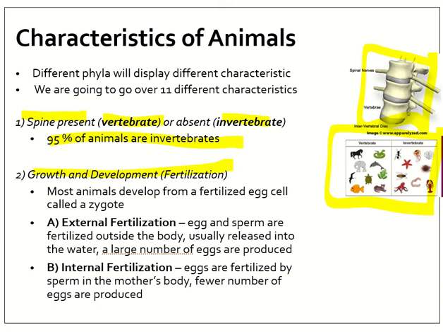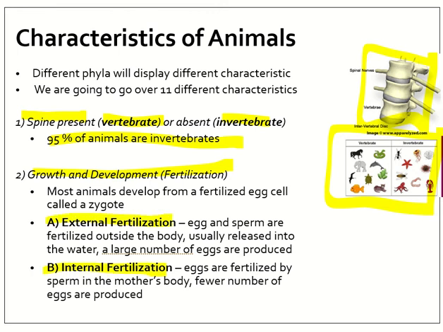Okay, then the second characteristic we're going to look at is your growth and development or fertilization. Most animals are going to produce a zygote. So what happens is you have your sperm and your egg cell, and then you will have fertilization happen, and from there you will have your embryo and a zygote develop. There's 2 types of fertilization, external fertilization and internal fertilization.